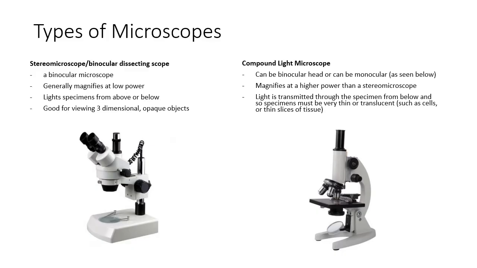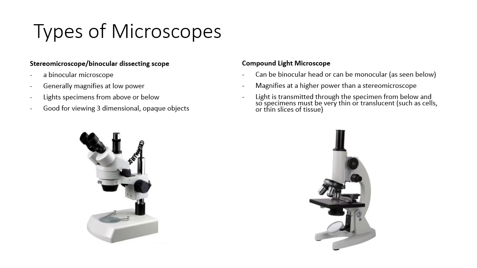So types of microscopes. We have 2 microscopes that we usually use in the lab. The first type is the stereo microscope, also called a binocular dissecting scope. I generally call it a dissecting scope because this is the kind of microscope that I work on in the lab all day. It generally magnifies at low power, and it'll light specimens from either above or below. If you see here on the stage, there's a light.